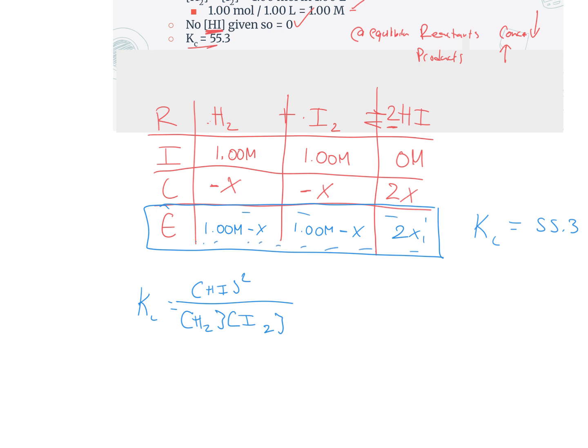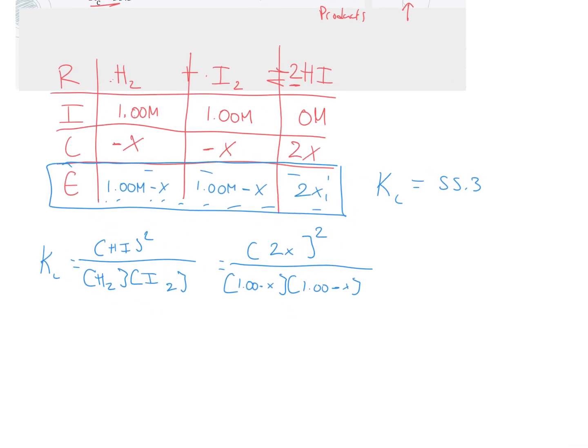Even though we don't know these exact numbers, we can plug in what we have written here. So the concentration of HI should be 2X squared. Concentration of H2 should be 1.00 minus X. And the concentration of I2 is also 1.00 minus X.